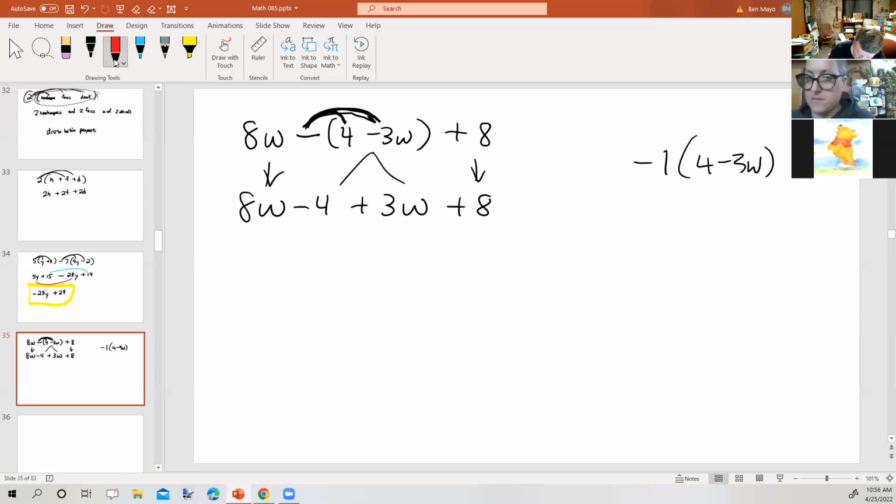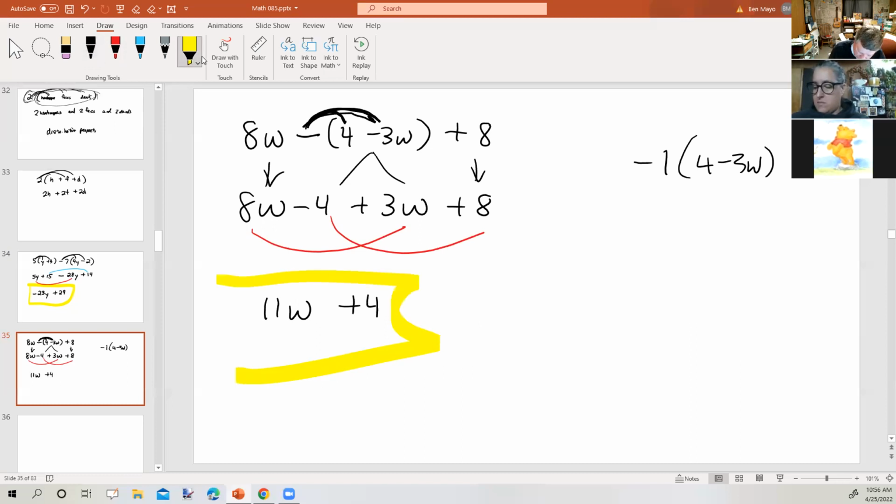So now combining like terms, 8w plus 3w is 11w. Minus 4 plus 8 is plus 4. So there is our final simplification. Okay, let's see here.